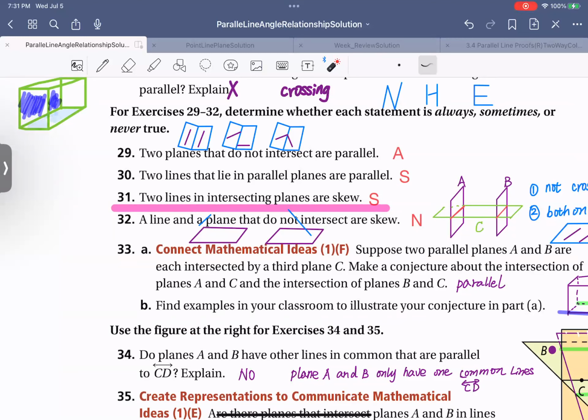You see? You can make these two lines parallel. You can make these two lines crossing. You can also make these two lines skew lines. So here, 31, it is called sometimes.